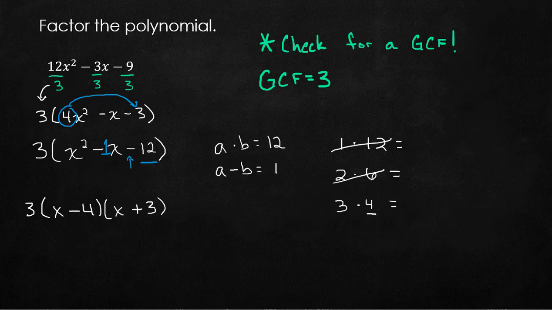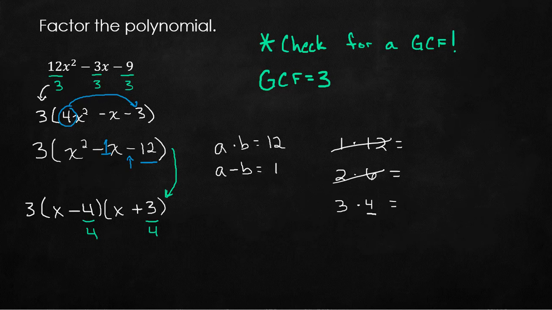Now up here, since we moved this 4, we have to move it back through and divide. But only these terms get divided. This doesn't get divided by 4 because it was never affected by our little move here.